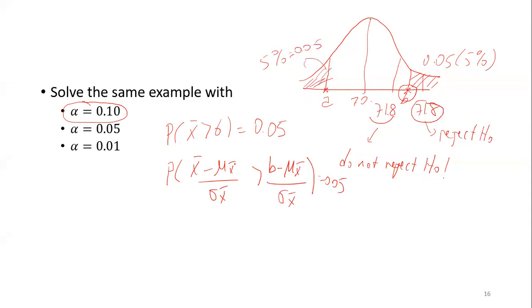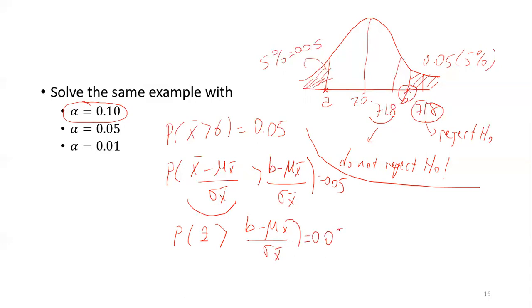X bar is a normal random variable, so you subtract its mean and divide by its standard deviation. Hence, this is Z. The probability that Z is greater than B minus mu of X bar divided by sigma of X bar is equal to 0.05.